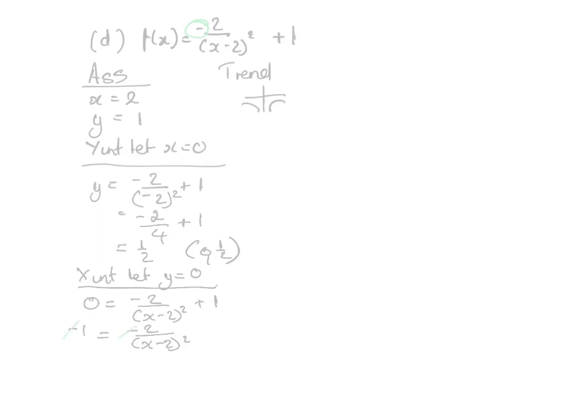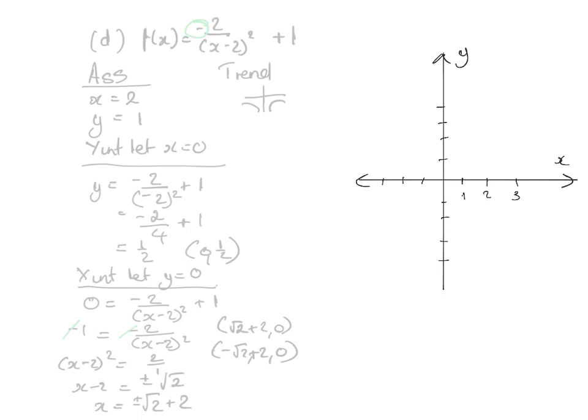So let's now swap the bottom with the top of the other one, and we get (x minus 2) squared is equal to 2 on 1. 2 on 1 is 2, and then we're going to take the square root of that, and it's going to be plus or minus the square root of 2. x is equal to plus or minus root 2. Bring the 2 over, plus 2. So my coordinates there would be root 2 plus 2 and 0, and minus root 2 plus 2 and 0.